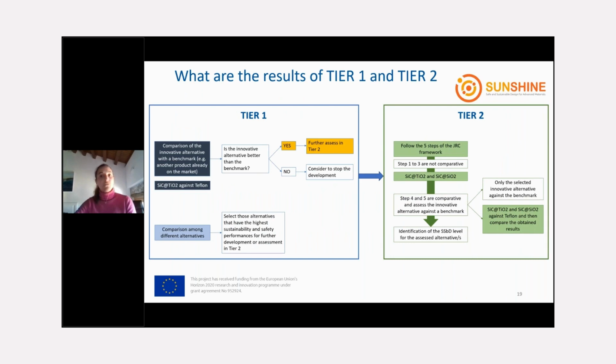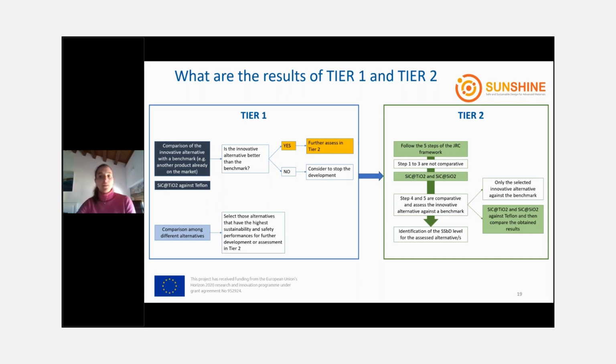Also in this case, for tier 2, we are following the 5 steps of the GRC framework, and we are applying step 1 to step 3 to both materials, since these 3 steps are not comparative. And then step 4 and step 5 are a comparative assessment, and both materials are compared against the benchmark.